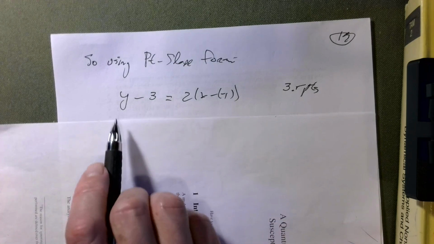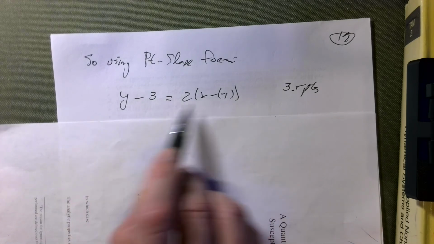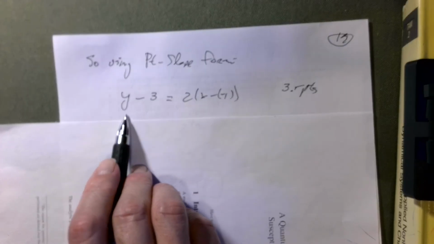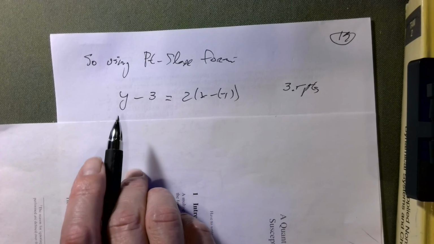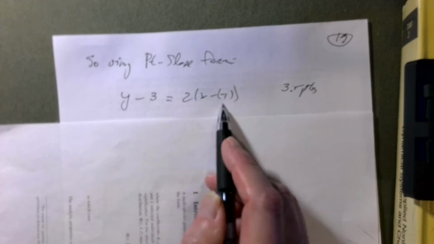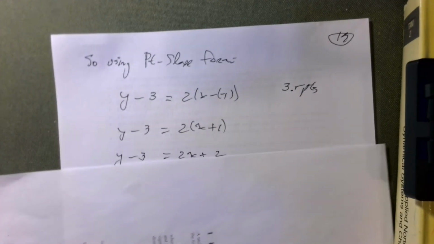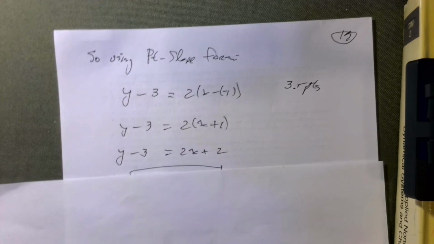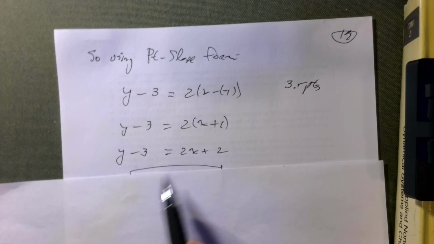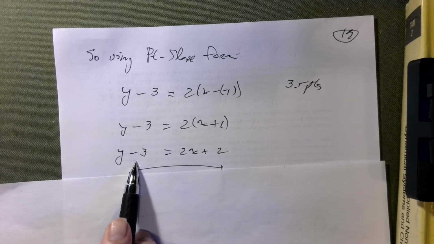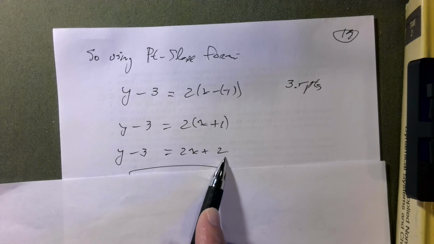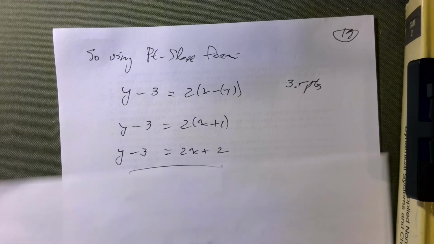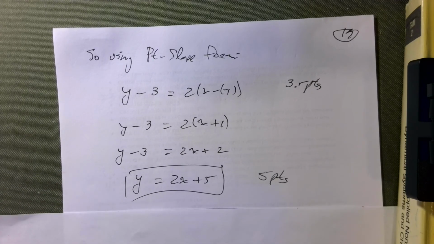This is perfectly acceptable mathematically, but I'd like you to write your answer in slope-intercept form. So let's distribute the 2. The minus and minus becomes a plus 1. Now I distribute the 2, so we have 2x and a 2. Now we add 3 to both sides, so 2 plus 3 is 5, and there is our final answer.